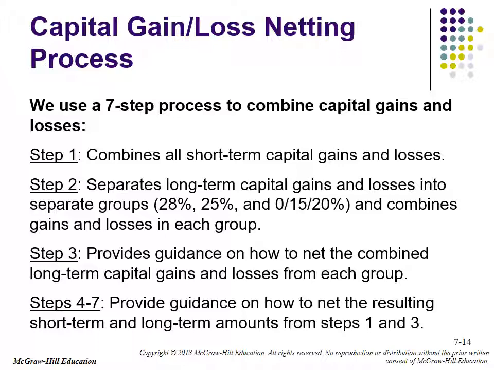The complexity comes in that long-term category if you have 3 different properties in 3 different tax groups because of the nature of the item you sold. So I encourage you to go through the example on pages 714 to 715, and even into 716, to get a good feel for how these netting procedures work.